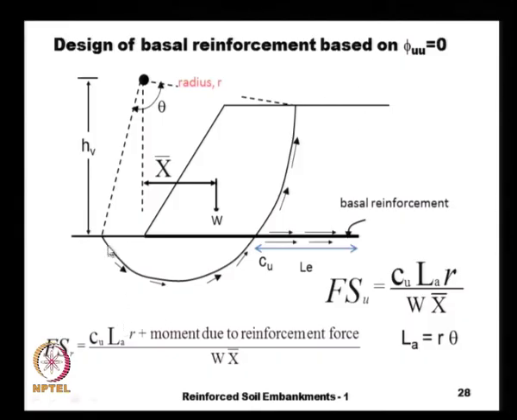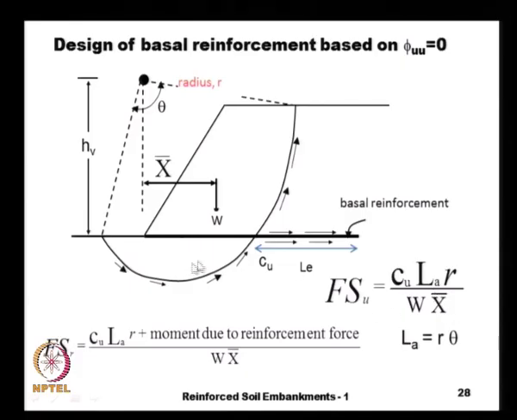So, if you draw the slip surface with respect to a center here and a radius, this volume we can easily calculate, and the weight of the soil is simply the volume of the soil multiplied by the corresponding unit weight, and multiplied by this x bar, that is the distance of the center of gravity of this area from this center point, that is the disturbing moment.